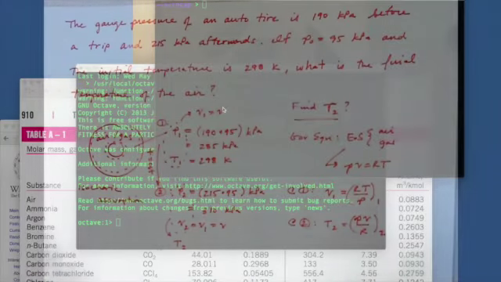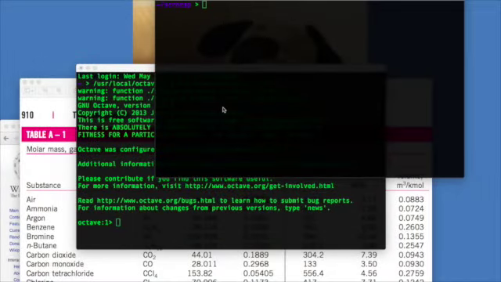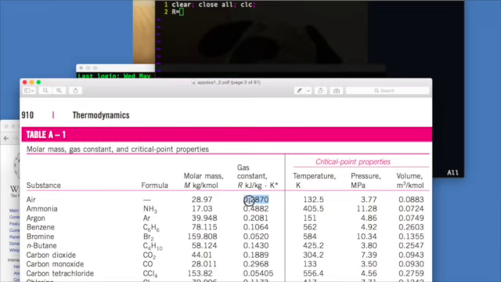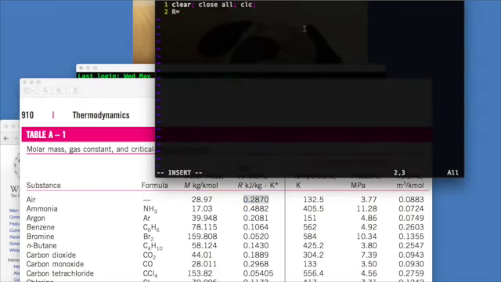So let's go ahead and create a new M file here. Call it tire.m. And start with our secret sauce again, and look up R for air. Here it is, kilojoules per kilogram per Kelvin.